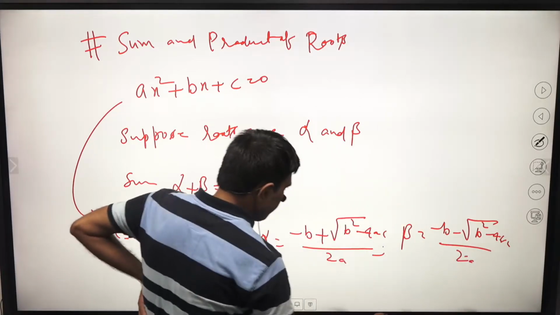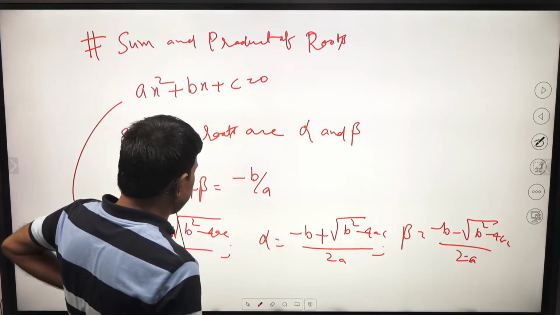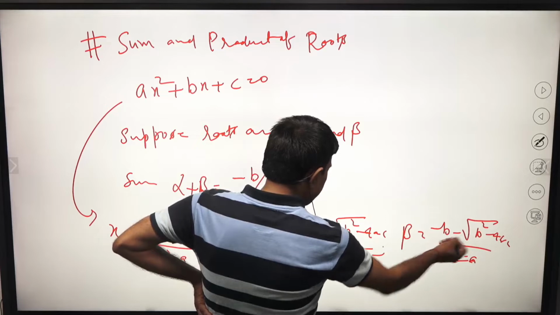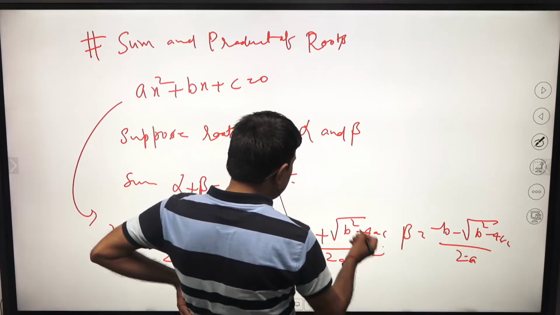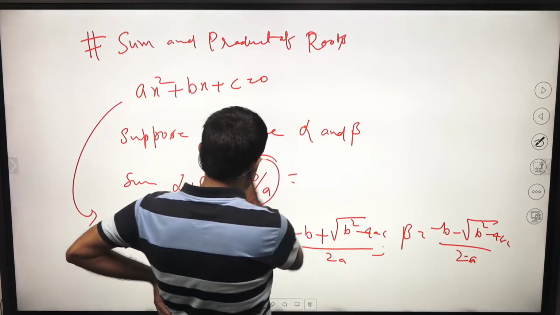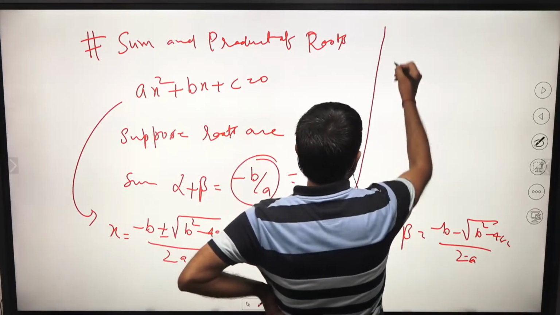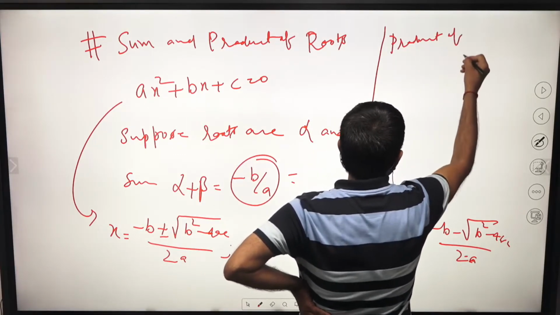So the sum alpha plus beta: add these, the denominator is the same, so the root terms cancel and that gives minus b by a. Similarly, the product of roots.